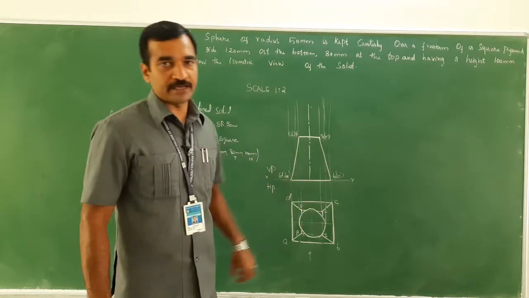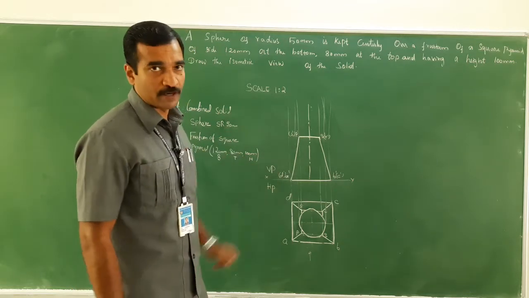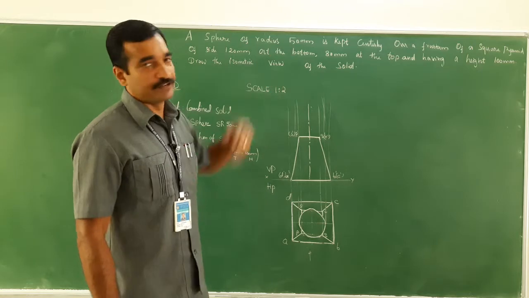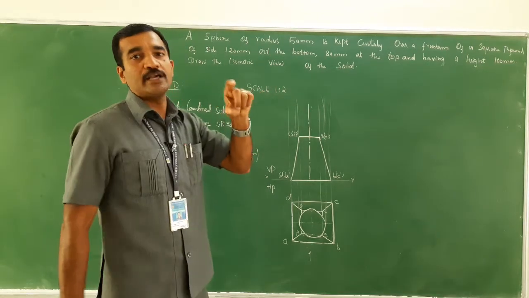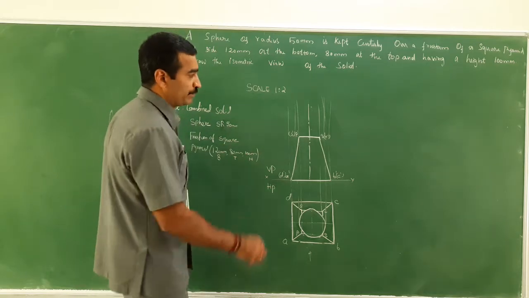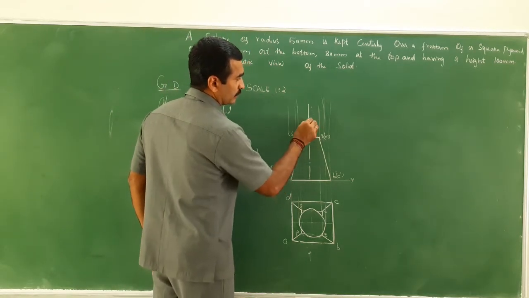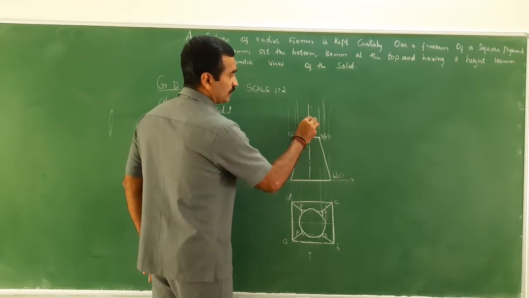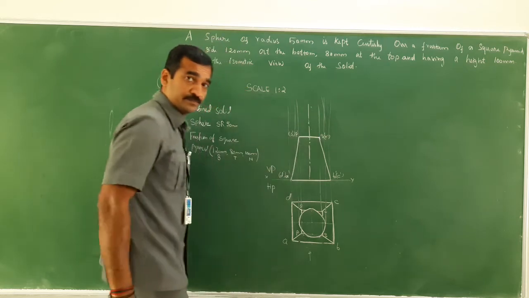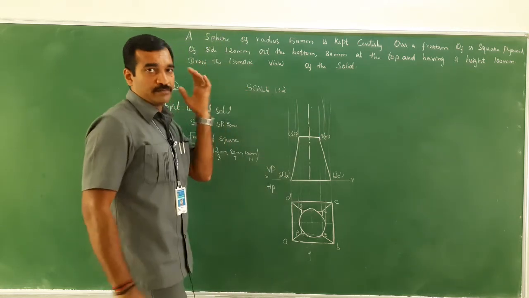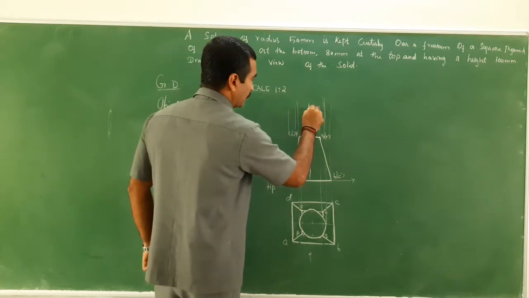Next, the sphere which is placed over the frustum of the square pyramid needs to be drawn. So, of radius 50 mm. Since I consider the scale 1:2, allowed to take half of the radius, that is 25 mm. So, from here take 25 mm and this is the center of the prism, sorry, the sphere. So, now take 25 mm as radius, just go for a full circle.